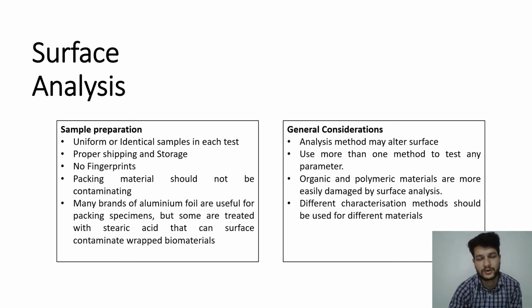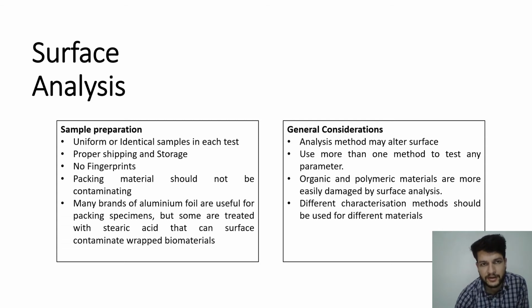Fingerprints can also alter the different surface properties. So for sending samples for surface analysis, fingerprints should not be there. Proper care should be taken so that the surface should not have any contamination.